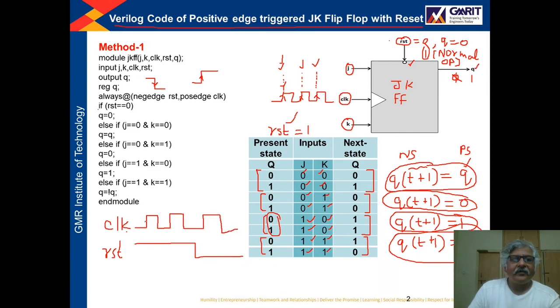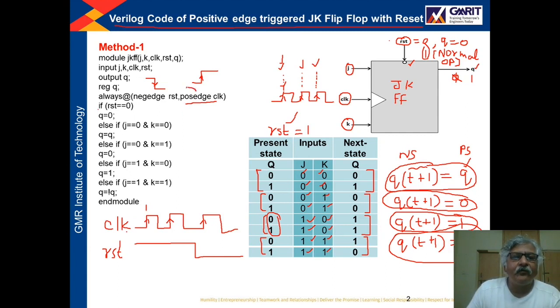Since here we have written posedge clock, whenever these edges are detected, at that time the always block will be activated. How this code will work, you just see. First clock, first positive edge is detected. So what will happen?